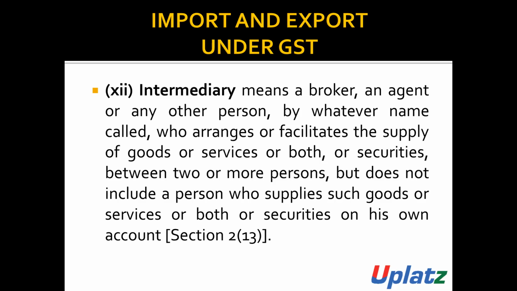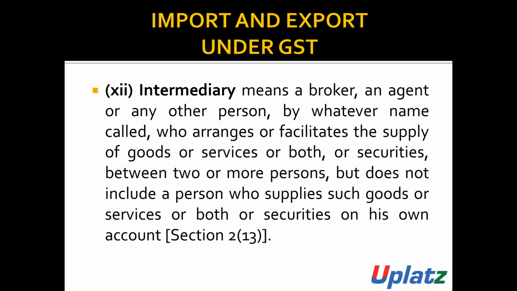For example, there is Mr. Ram. He is supplying the goods. He appoints a person who will supply the goods or the services on his behalf. On behalf of him, Mr. Sham is supplying the goods or the services or both on behalf of Ram, so he will be considered as an agent or the intermediary.